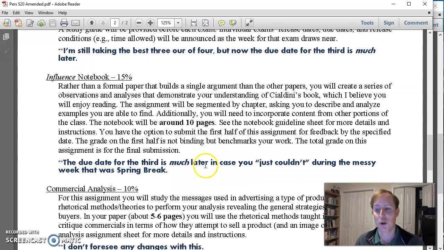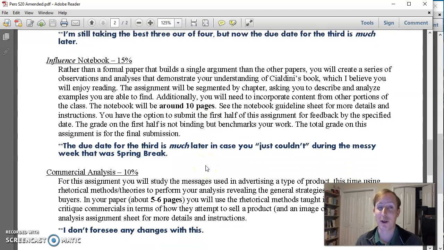The influence notebook. I had already extended it to the 20th of March, and I am reopening the Dropbox on it. Actually, I've already done it. If during spring break, when all the COVID-19 stuff hit the fan, you just couldn't concentrate, or you got it done but it was a mess and you're just trying to move on, you can leave that version you turned in, and that's fine.